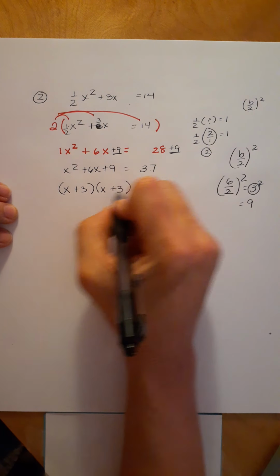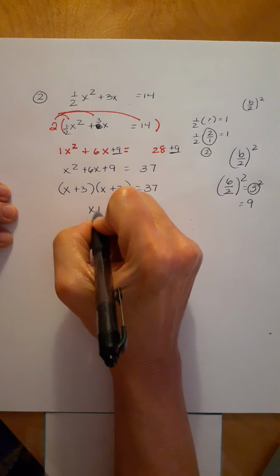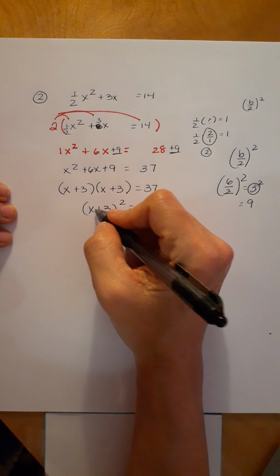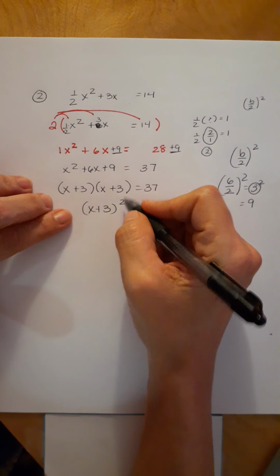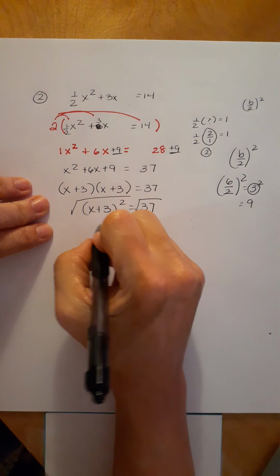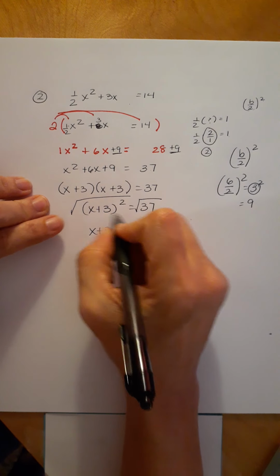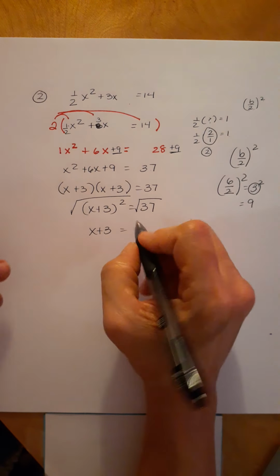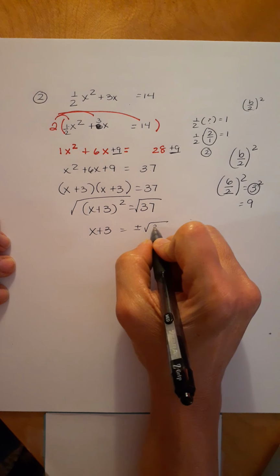That's why that works. Equals 37. X plus 3 squared equals 37. So to break apart this square, I need to take the square root, right? And that gives me x plus 3.